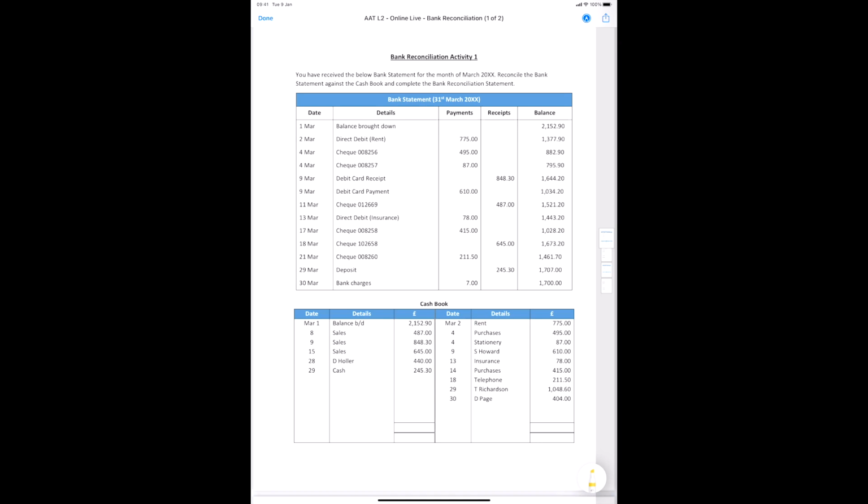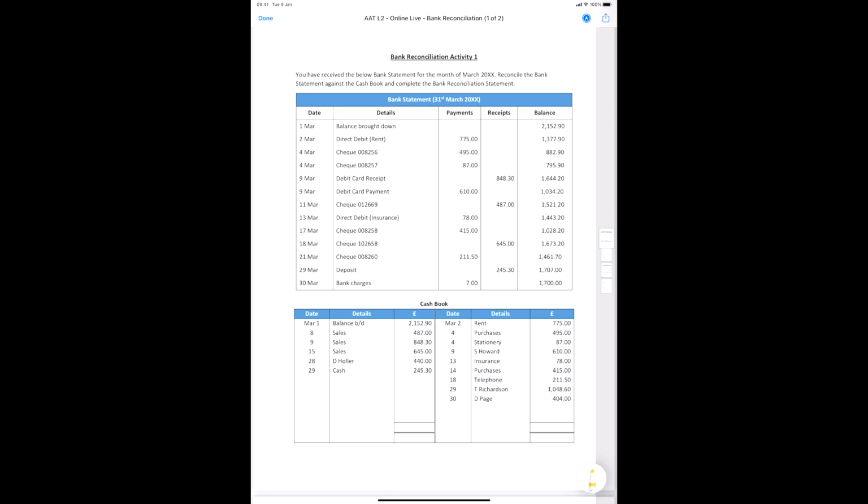We're going to tackle this in a 3-step process, which will enable us to complete this task efficiently. The first thing we're going to do is highlight all the transactions which appear in both the bank statement and the cash book. This will leave us with the transactions which we know that we need to focus on. One thing we do need to look out for at this point, as well as looking along the payments and receipts columns within the bank statement, is that we also have to include the balance brought down within this reconciliation process.